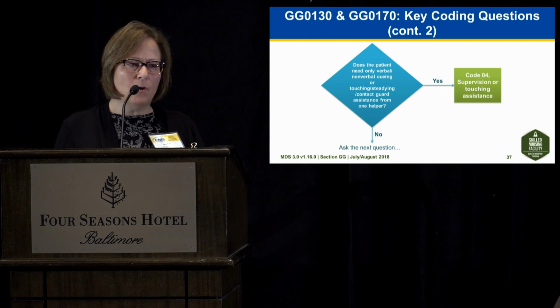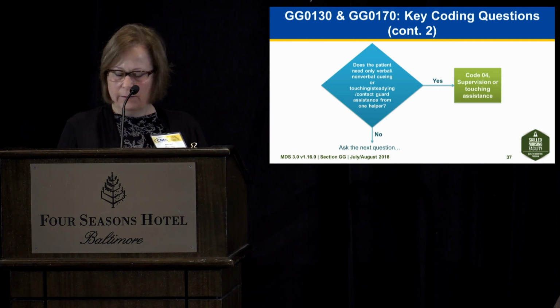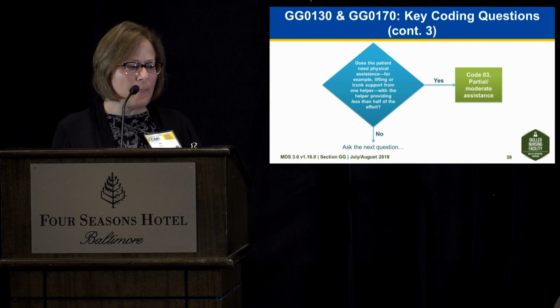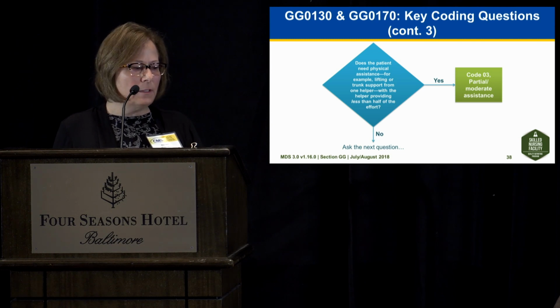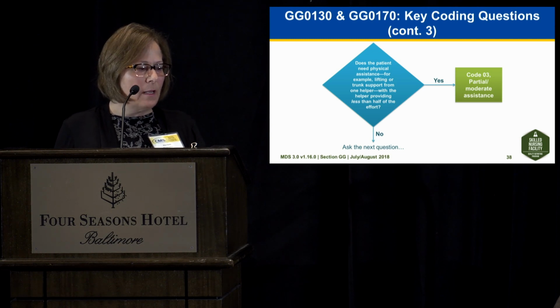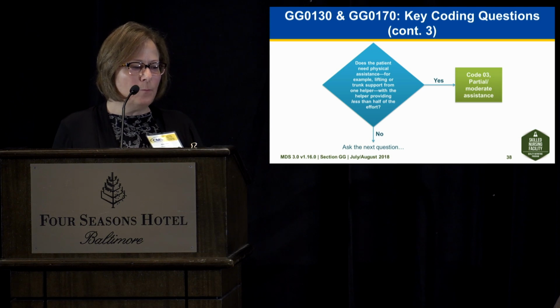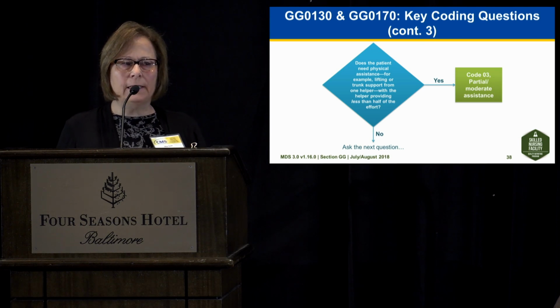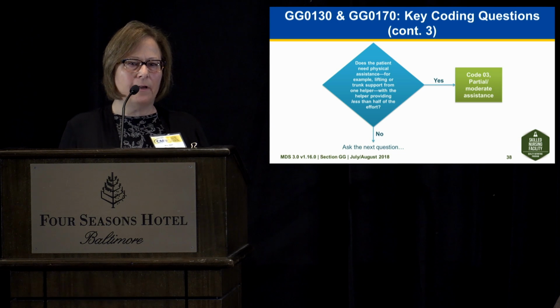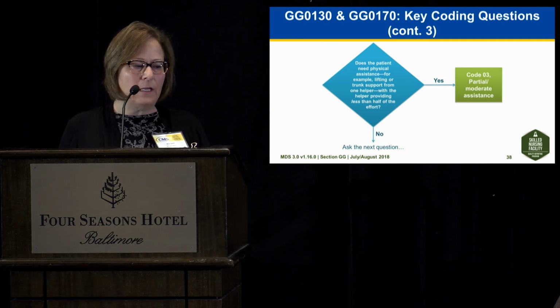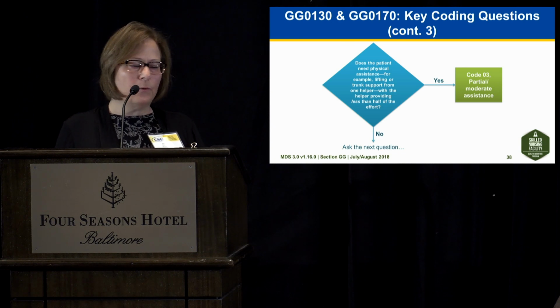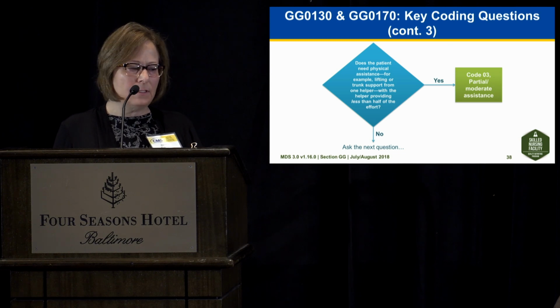If the answer is no, they need a little more help than that, you go to the next question. Does the patient need physical assistance, for example, lifting, trunk support from one helper with the helper providing less than half of the effort? If the answer is yes, you would code 03, partial or moderate assistance.